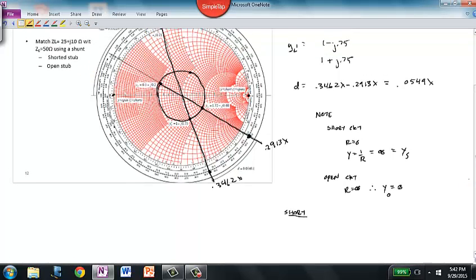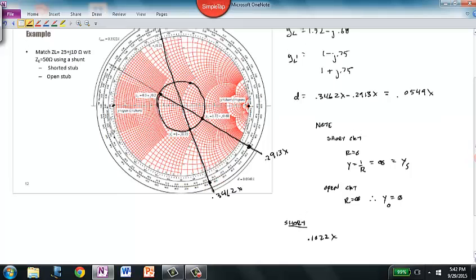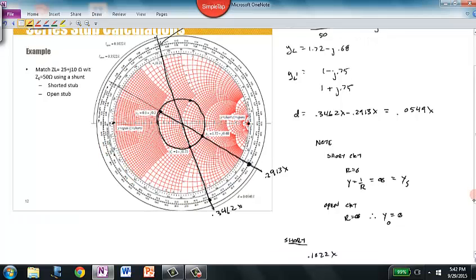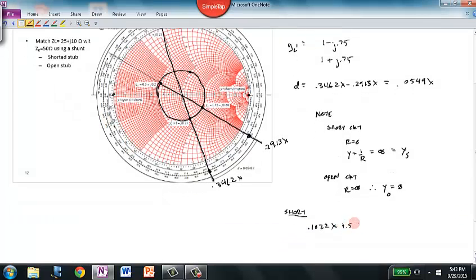So for the short circuit, we need to rotate all the way from here to here. That's 0.1022, and that gets me from here to here. But I need to include this distance right here, so I need to add 0.25 lambda.